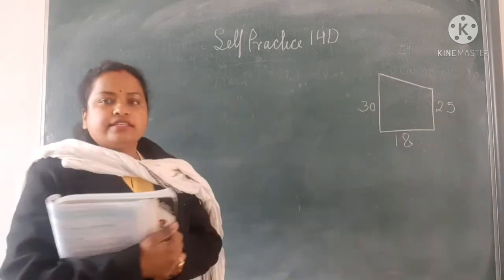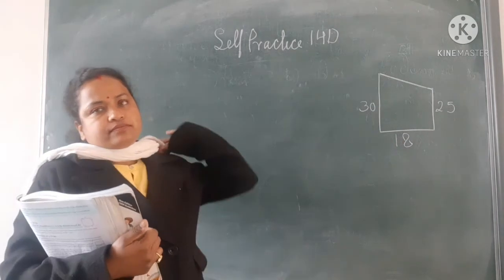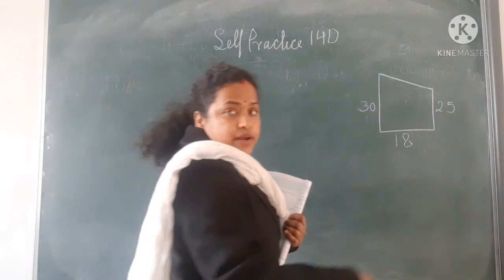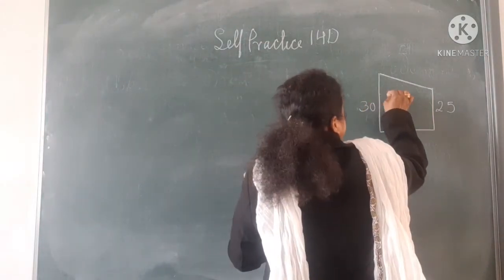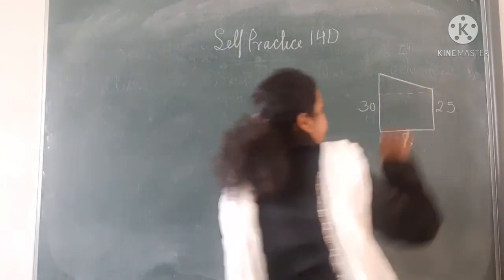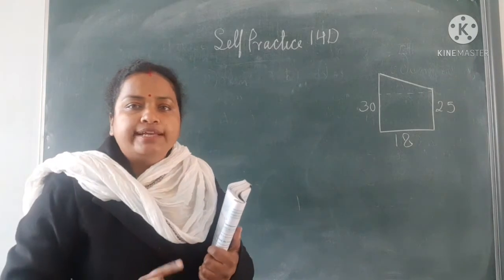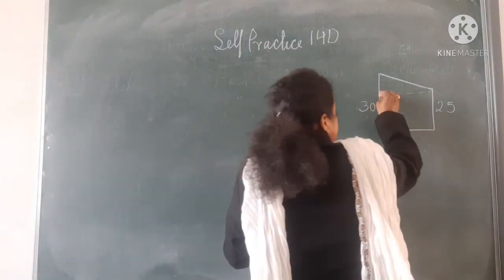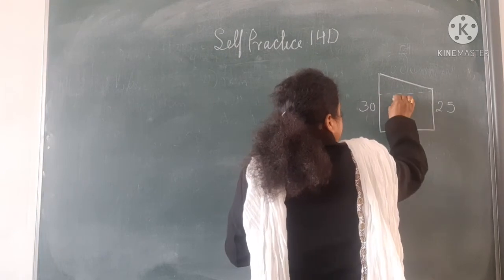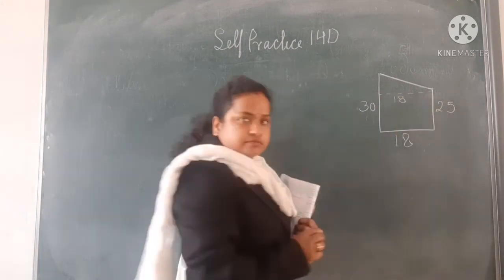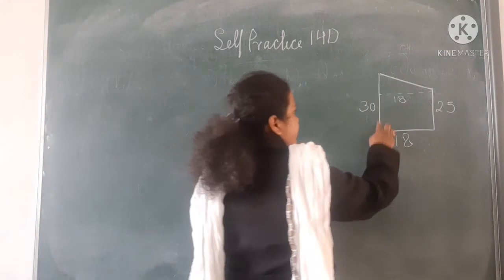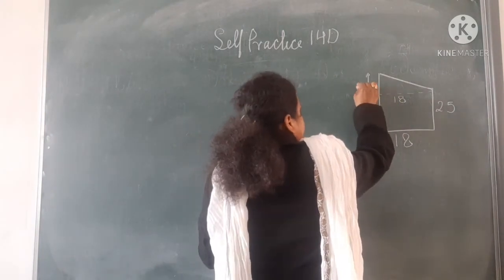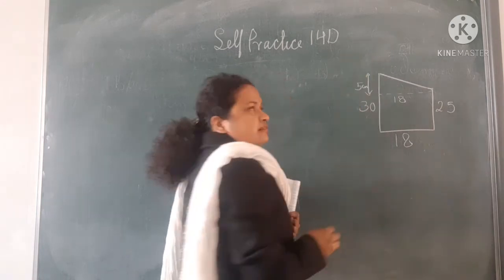Now what you have to do here, I am drawing one dotted line here. When I am drawing a dotted line, this part will be 18 only. From here to here it is 25. What will be this one? It will be 5 centimeter.